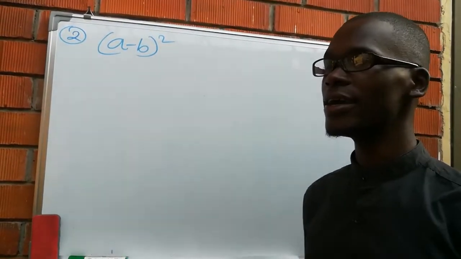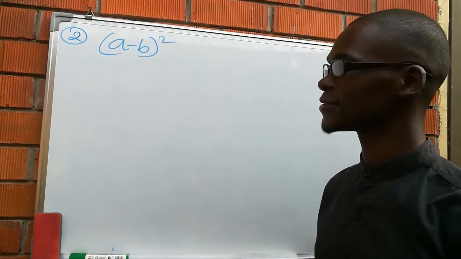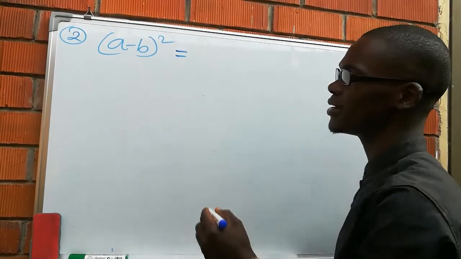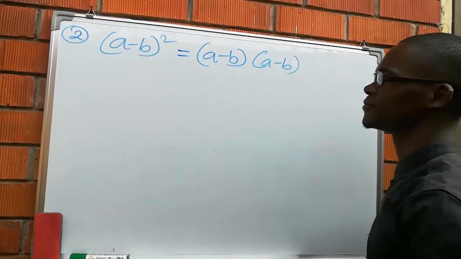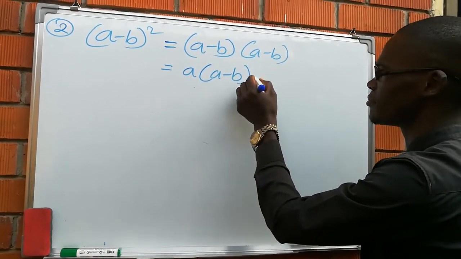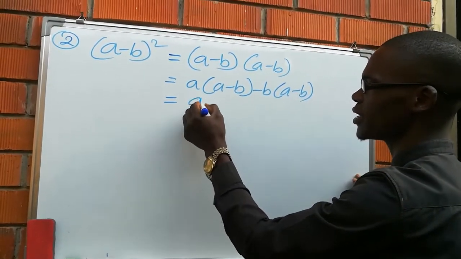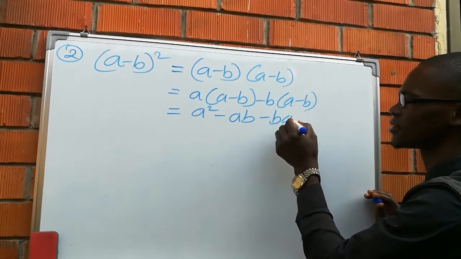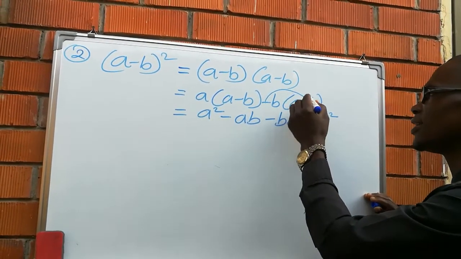Then our second identity, that's when we have the square of the difference, that is a minus b squared, which is expanded as a minus b times a minus b, and therefore that gives us a into a minus b minus b into a minus b, which will give us a squared minus ab minus ba, then plus b squared, because when you multiply a negative and a negative, you get a positive.